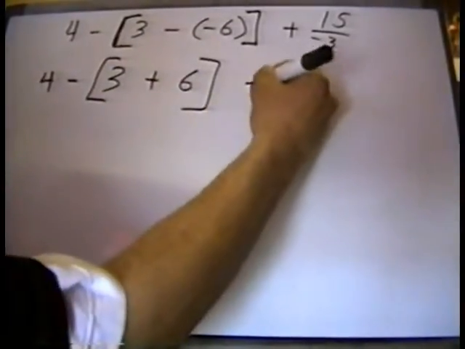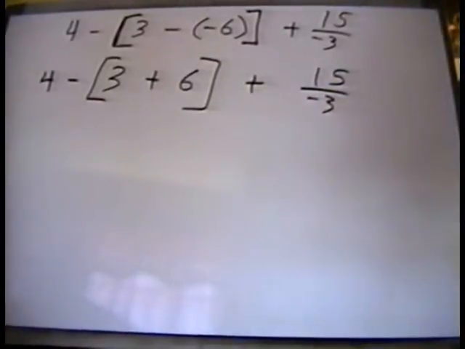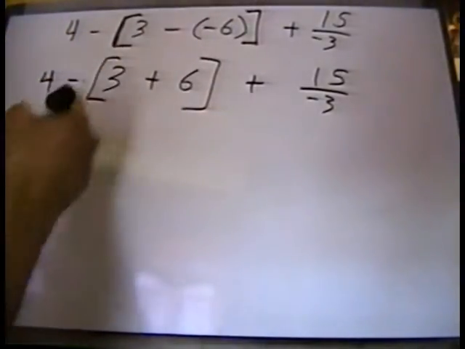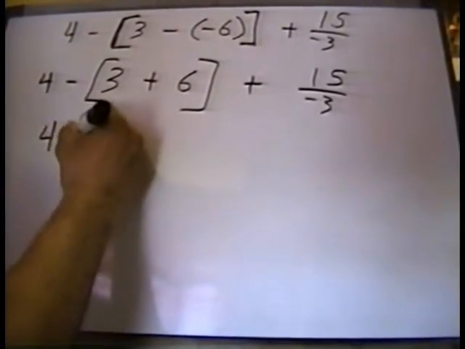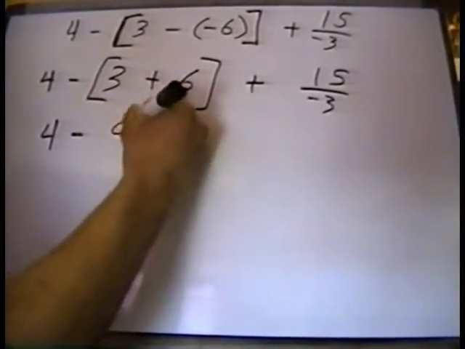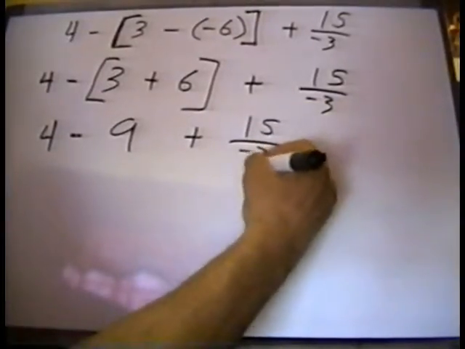Okay? Plus 15 over negative 3. Because we still have grouping symbols, these braces, we still do that first. We get 4 minus 6 plus 3, which is 9, plus 15 divided by negative 3.